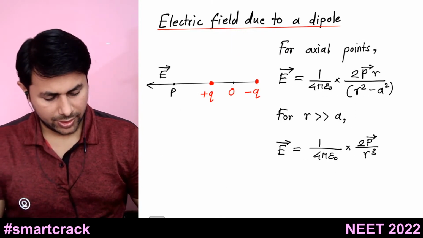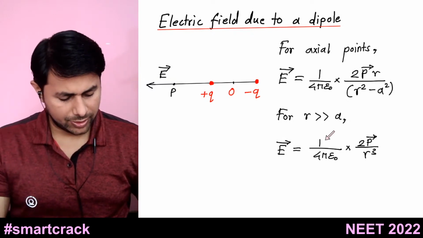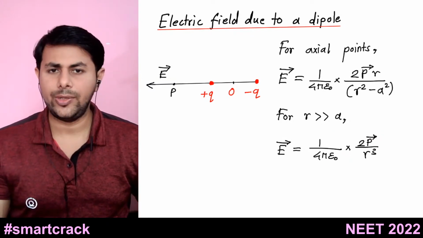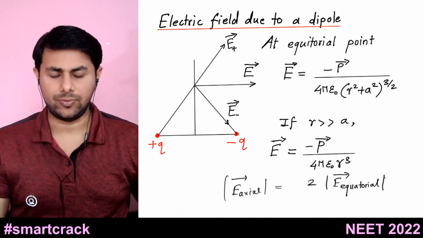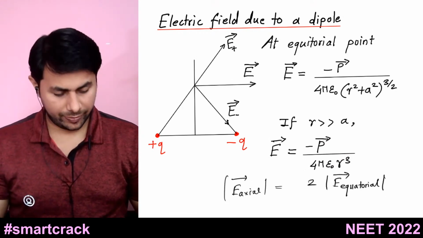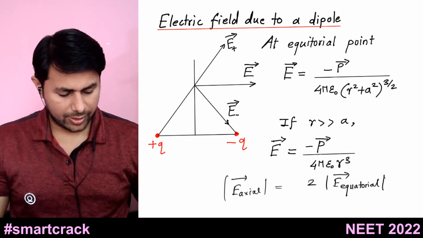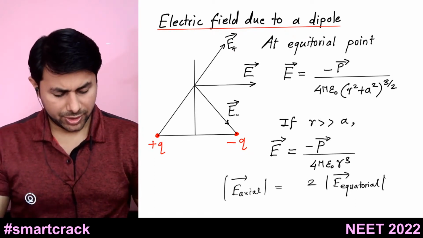So see, here we have E equals 1 over 4 pi epsilon naught 2p upon r cube, and for the equator we have p upon r cube. 1 over 4 pi epsilon naught is there. So forget about the direction. The direction is opposite.